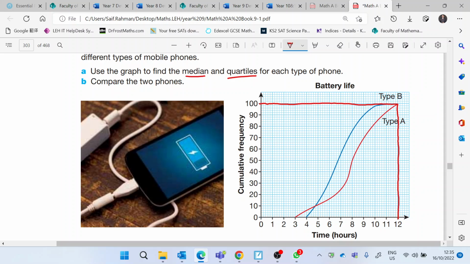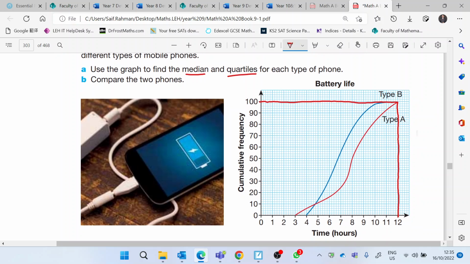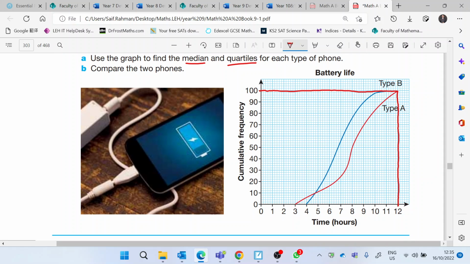So the total is 100 phones, and the battery time of both is 12. Now the minimum for the type A or the red one is 3 here. The minimum time they have is 3, whereas the blue one, the minimum time they have is 4.